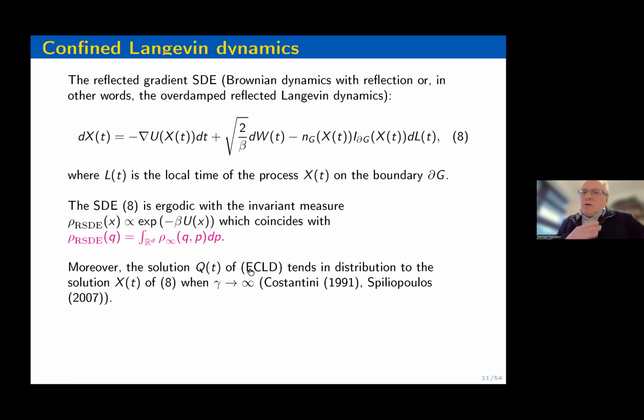Now, a quick comment about reflected stochastic differential equation. So here we are looking at the Skorokhod problem. The solution is, as usual, X and L. And we have again here the force. Under the same conditions, a solution to this SDE is ergodic with Gibbs invariant measure.